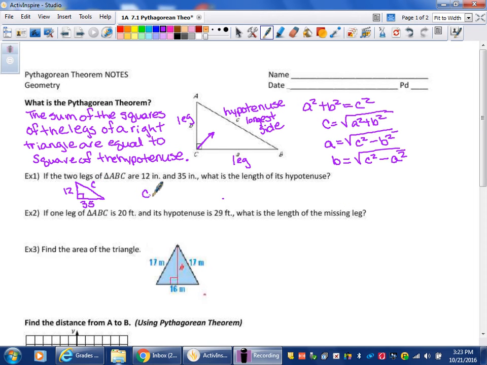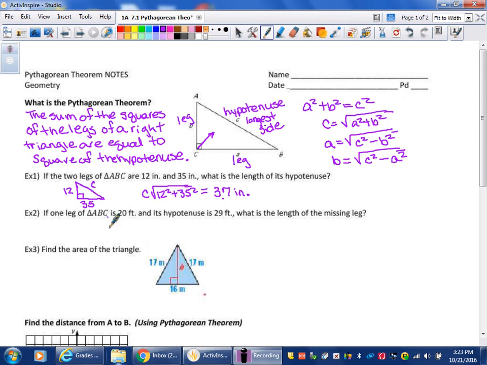So c would be the square root of 12 squared plus 35 squared, which would simply be, let me type it in real quick because I'm not a human calculator, 37. And units, of course, is inches.